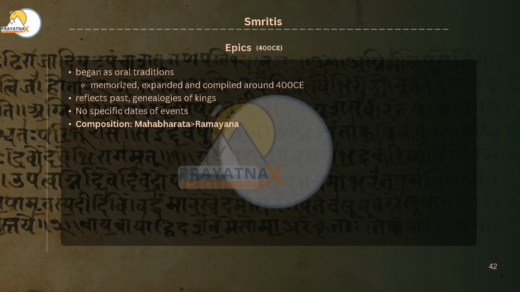Now, let us move on to the next part, the epics. So these began as oral traditions which were memorized, expanded, and compiled around 400 CE. Now, these reflect past genealogies of kings, which means that it gives us information about the lineage of kings at that time.